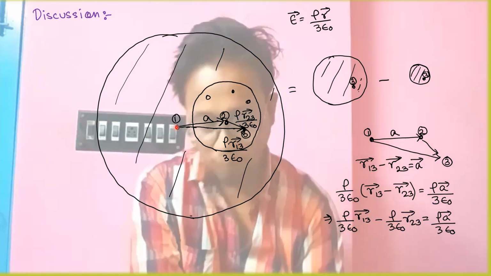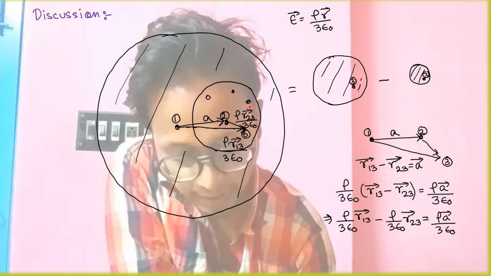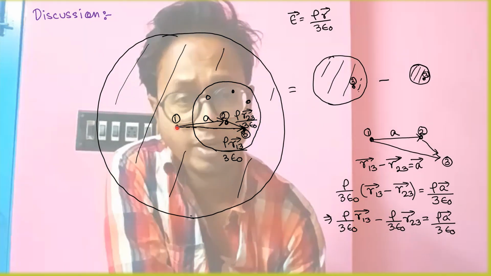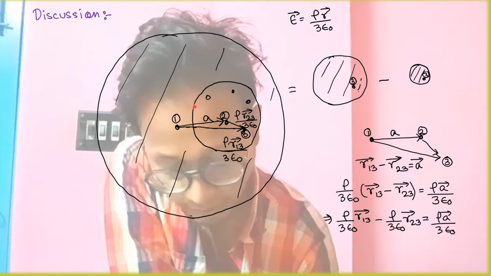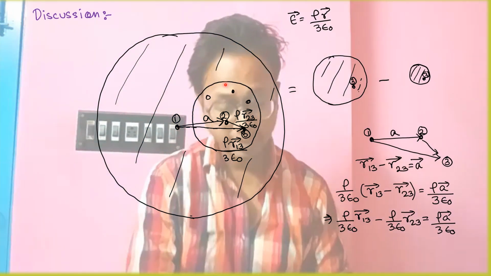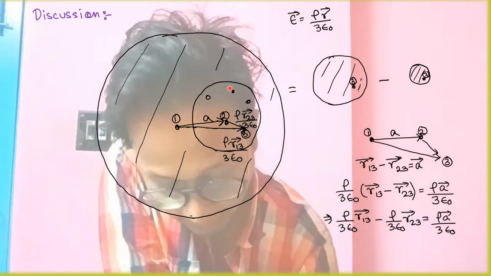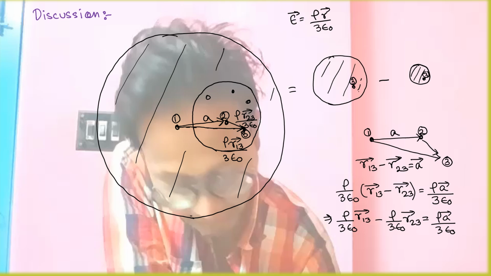1 is nothing but the center of the largest sphere. 3 is the point at which I am finding the electric field. R13 vector minus R23 vector would always be the a vector. So it doesn't matter wherever you are inside the cavity, the electric field will always be rho a by 3 epsilon naught.